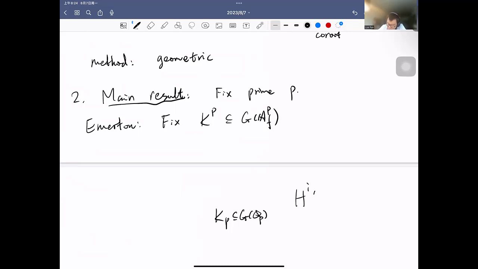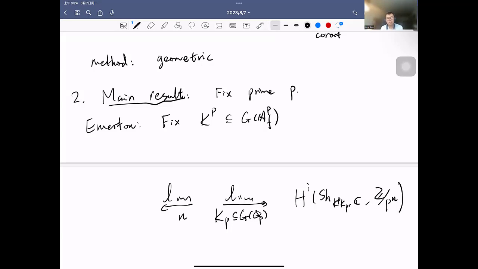Then we can look at the Shimura variety at this level, with coefficients in Z/p^n. Instead of the usual p-adic cohomology, we take the inverse limit over n. The insight of Emerton is that first you take the direct limit over all the levels at p, then you take the inverse limit.